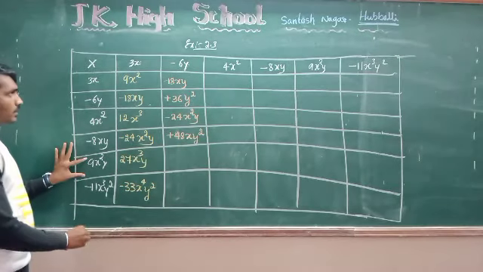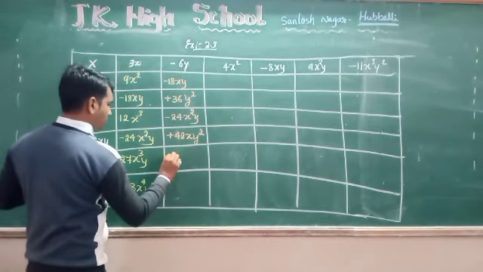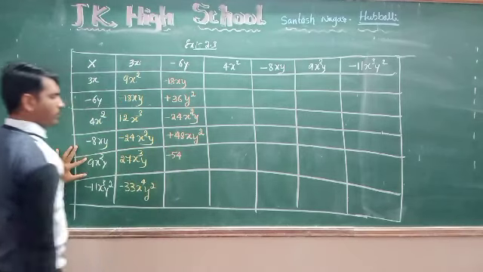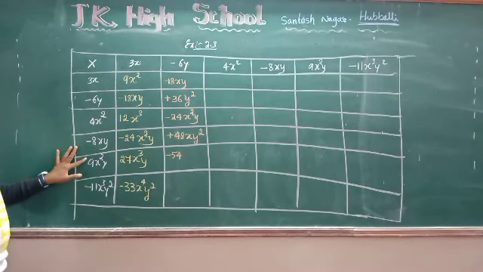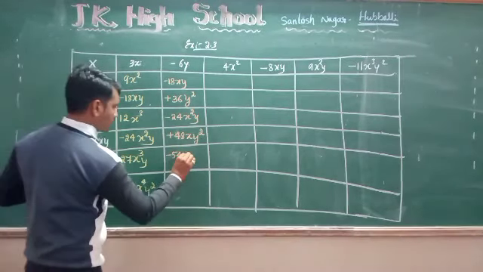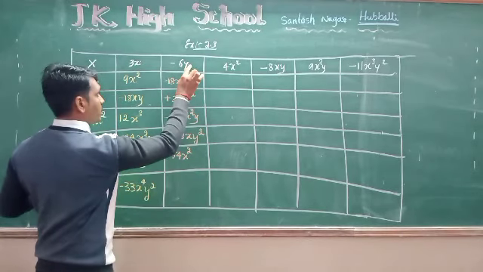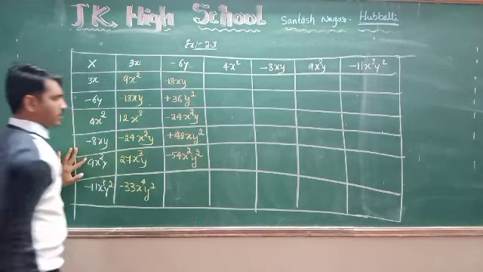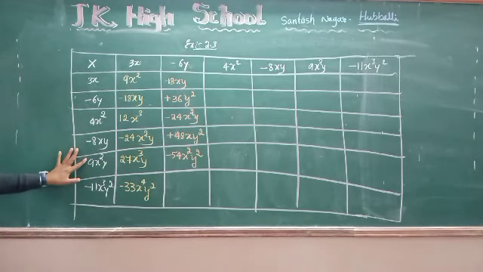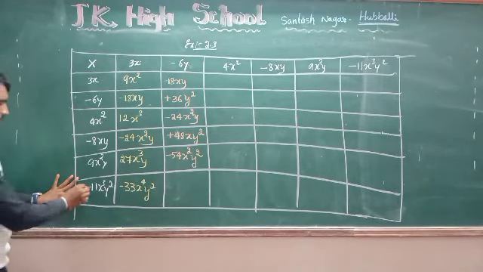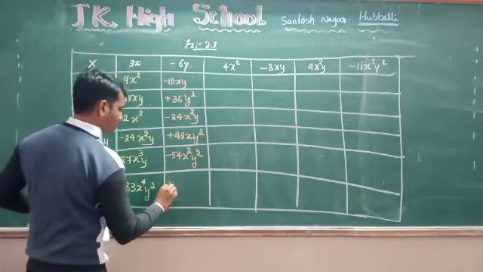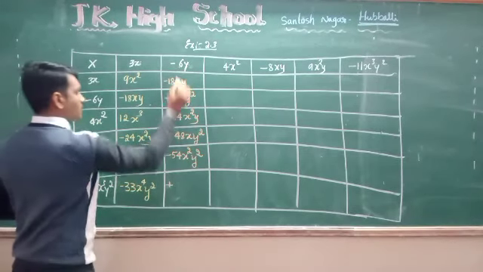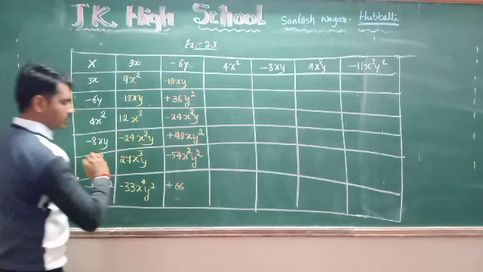Next one, 9 6s are minus 54. 9 6s are what? Minus 54. X squared as it is, because here there is no x value but y is there. Y into y, y squared. Is it correct? Okay, let's go for the last one. Minus into minus plus, 11 6s are 66.